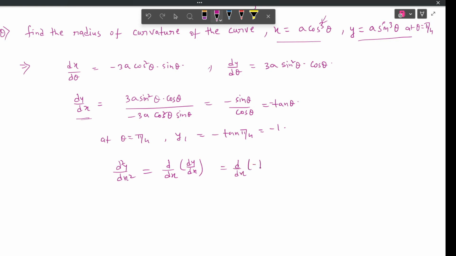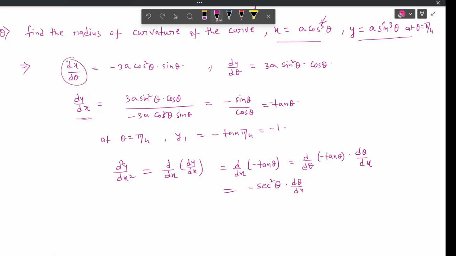So d/dx of minus tan theta, we can write as d/d theta of minus tan theta into d theta by dx. Differentiation of tan theta is sec square theta. Minus is already there, so it is minus sec square theta, and d theta by dx.